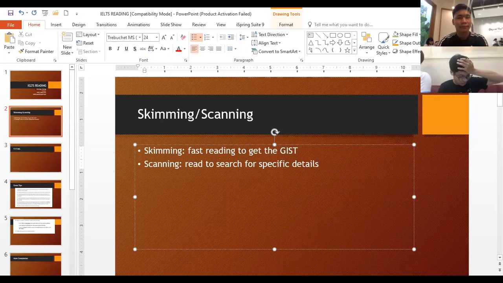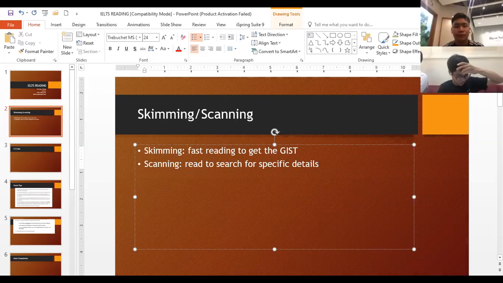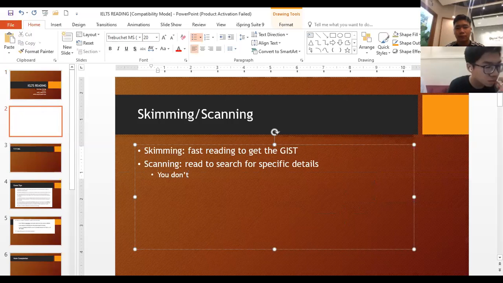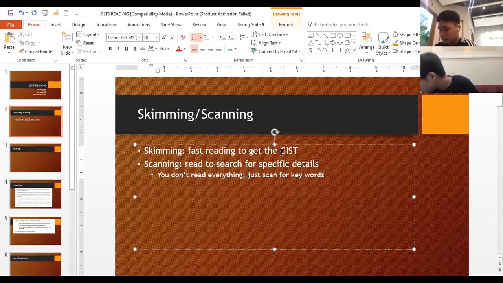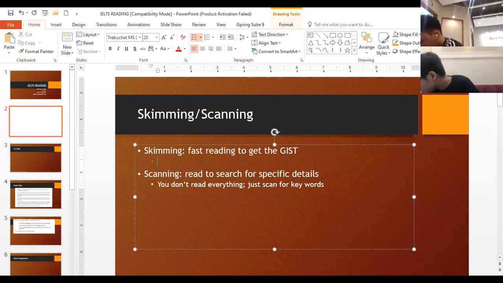I think just search for keywords. Yes, searching for specific information. Okay, so you don't read everything. In skimming, you read everything, but at a very fast speed.